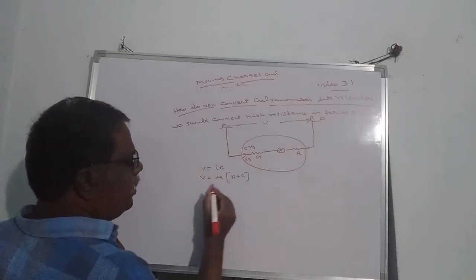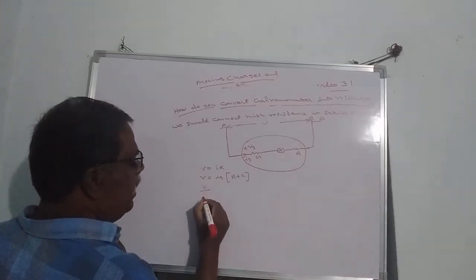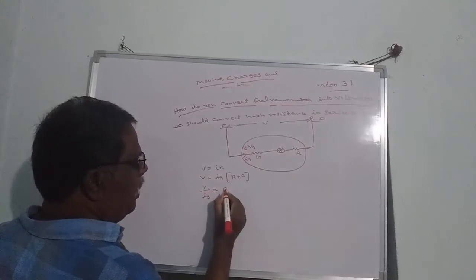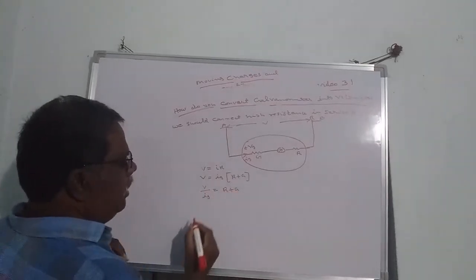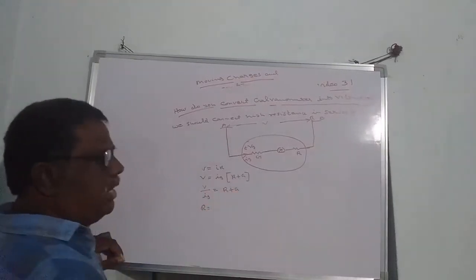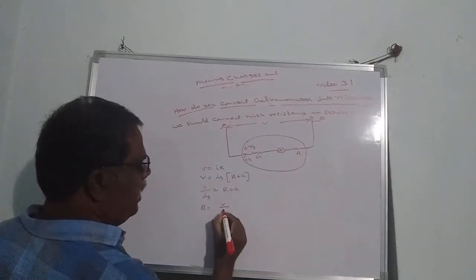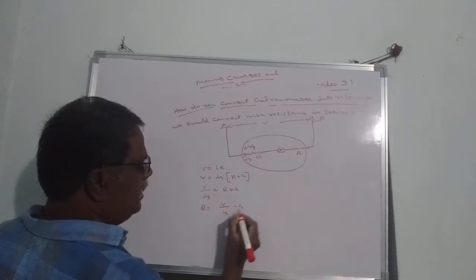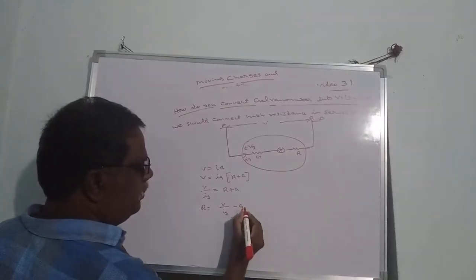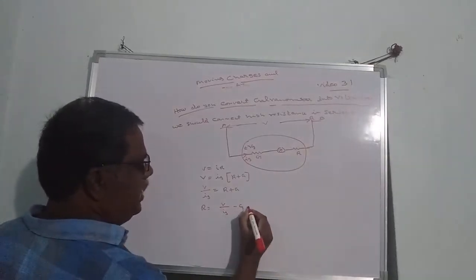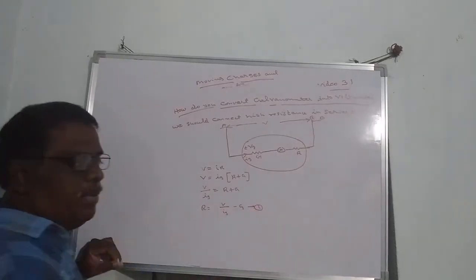So V by Ig is equal to R plus G, or the external resistance R between the points A and B is R equal to V by Ig minus G. This is equation number 1.